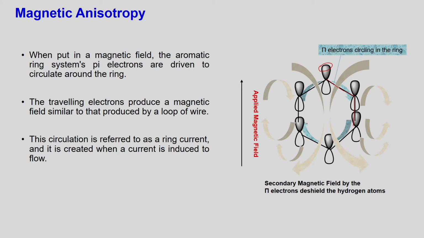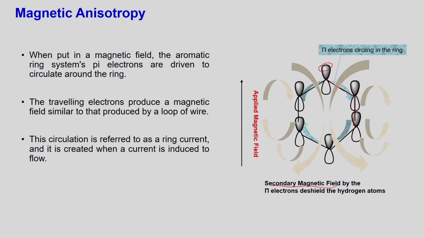Now, on the application of an applied magnetic field, what happens? Some part will try to deshield because it will oppose the field, while another part may try to align and will shield the protons. So, when these pi electrons circle in the ring, they generate a magnetic field. This magnetic field is called the secondary magnetic field.